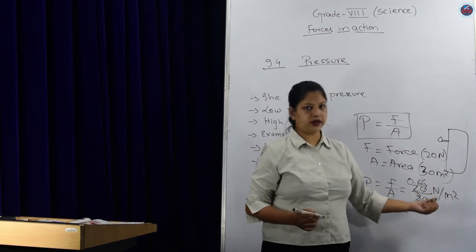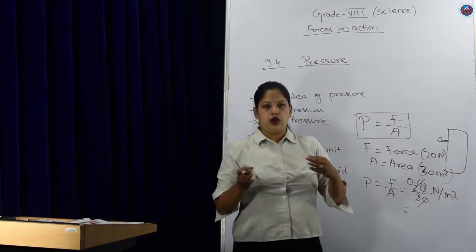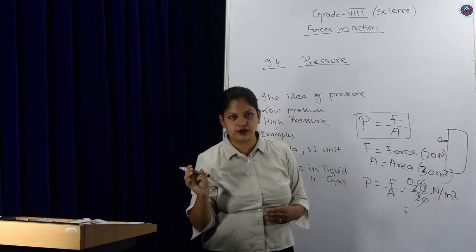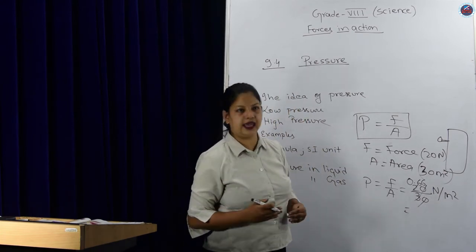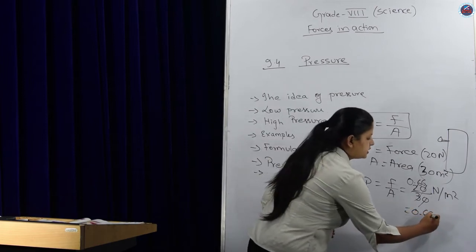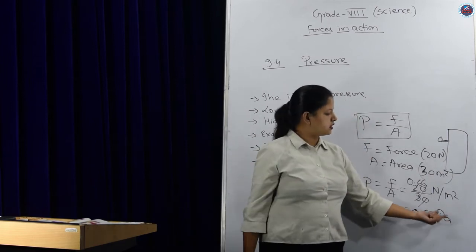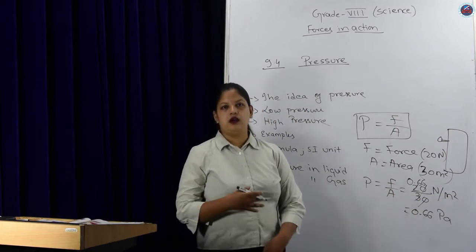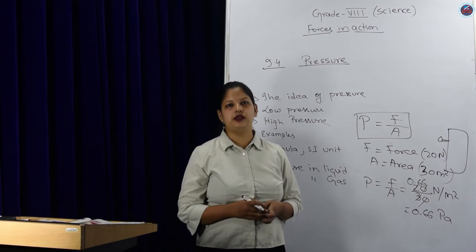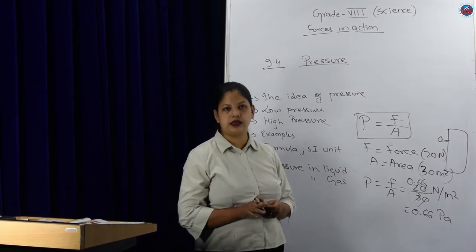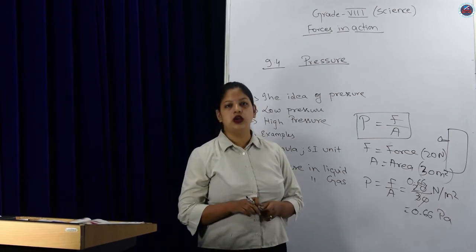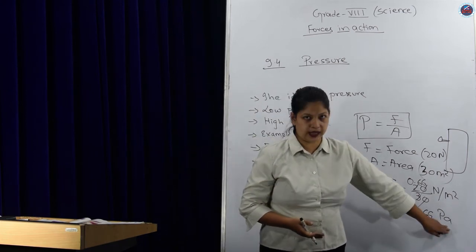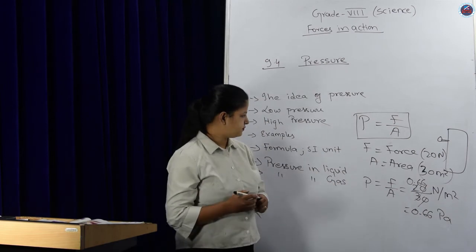Since N by meter square is a bit bigger, another particular SI unit is given for pressure, we call it Pascal, Pa. So 0.66 Pa. Basically Pascal is Newton per meter square only, but in short we write Pa. This Pascal is given after the name of Blaise Pascal. He worked in all these areas more, so to honor him it is given the name Pascal, Pa in short.